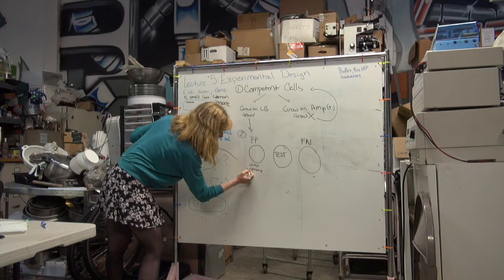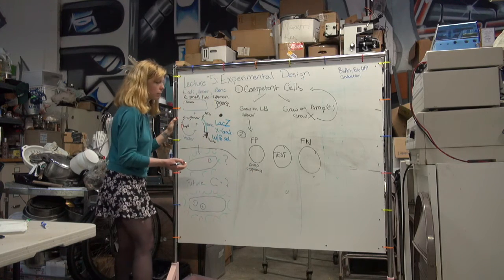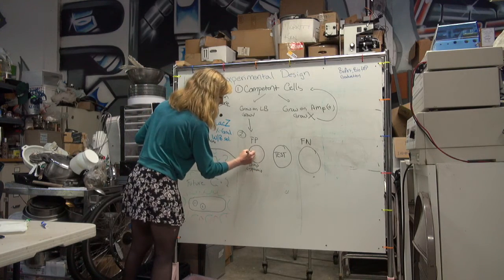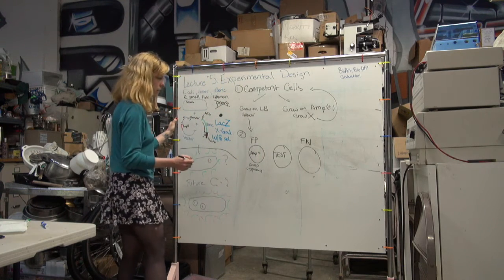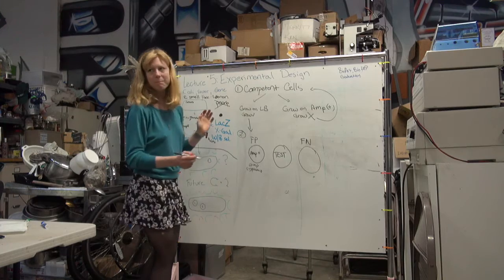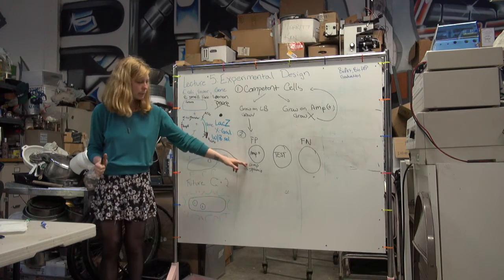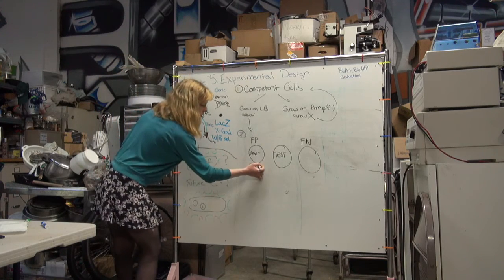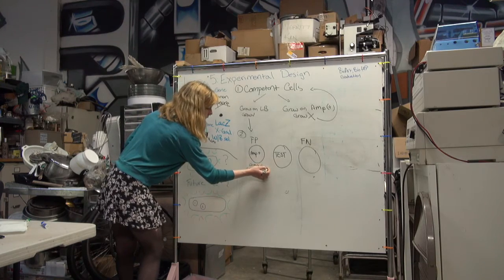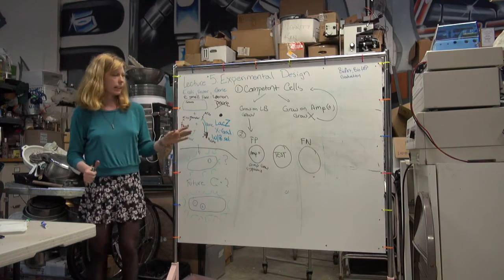I'll put parentheses around this so you know it's minus the plasmid, and this has ampicillin in it. You mean the media has it? Yeah, so you've got competent cells to grow. So no plasmid, so no ampicillin resistance, right? Right, but they grew anyway, okay?